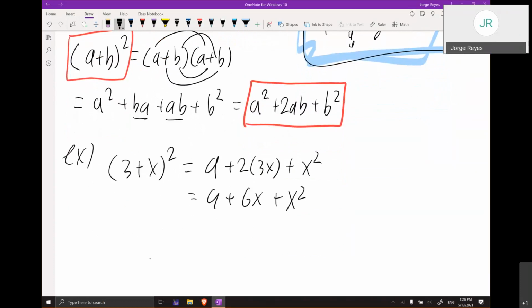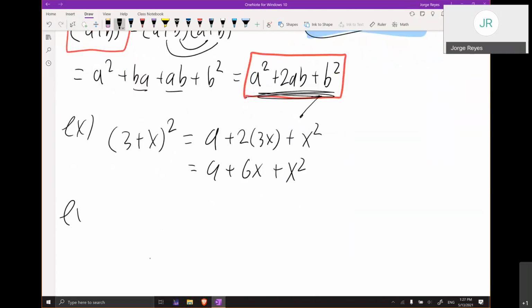Okay. This is an example of this formula. So it just makes life a little faster. You know, foiling is kind of slow. So it's understandable how some people don't want to use it.